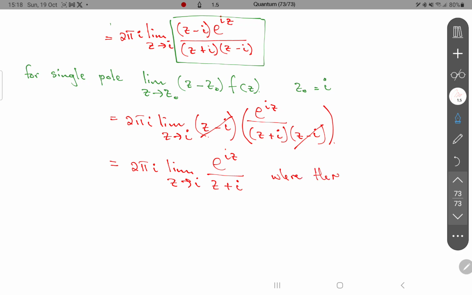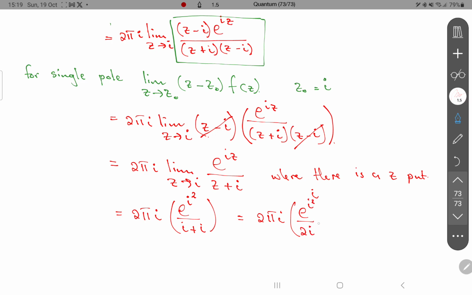So we take limits where there is a z, you put in an i there. So what we are going to have is 2 pi i, bracket e^(i·i) over i plus i. So I'm helping those who might have problems seeing the mathematics, because I like showing everything. i squared over 2i.